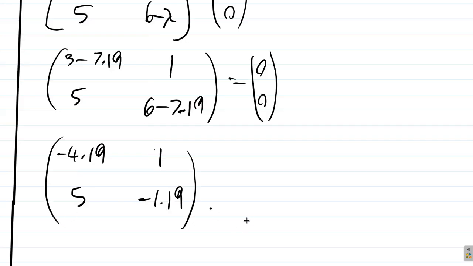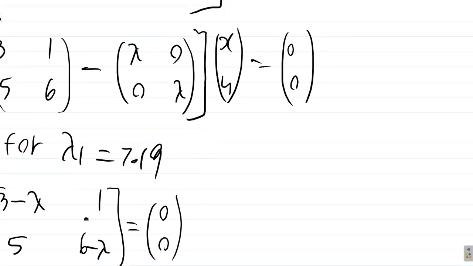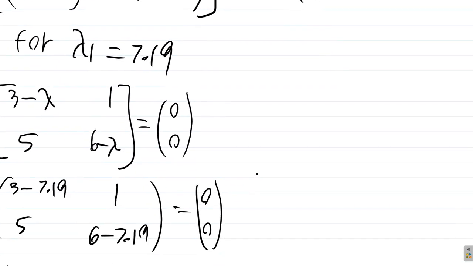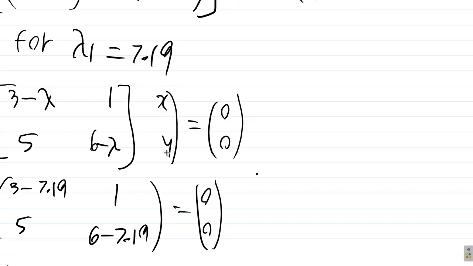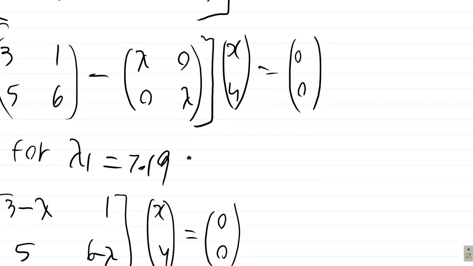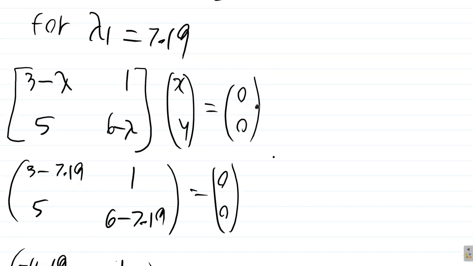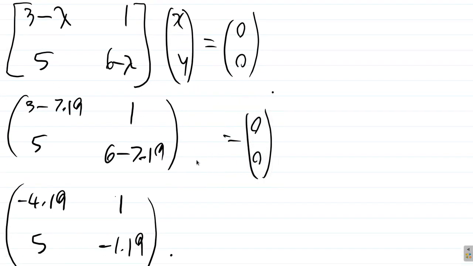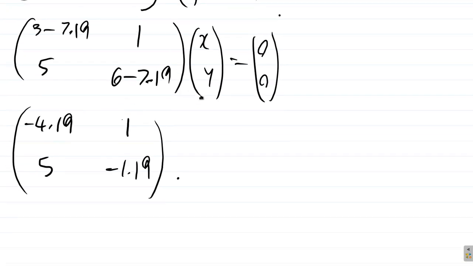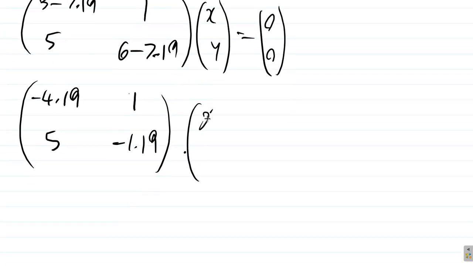Times, oh my, why did I forget to put the x, y between? The x, y should be there. So it's this times (x, y) equals (0, 0).